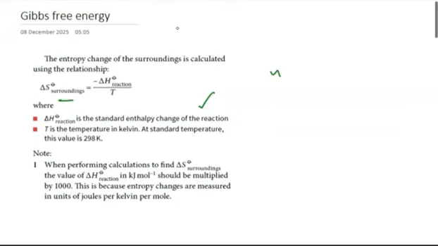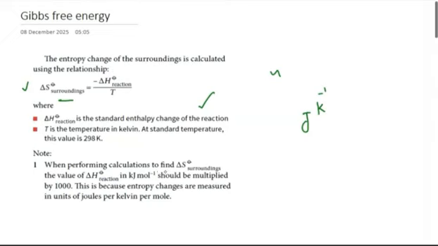Now, when we perform these calculations, we must know the units. We take delta S in joules per Kelvin per mole, but the enthalpy change reading is in kilojoules per mole.